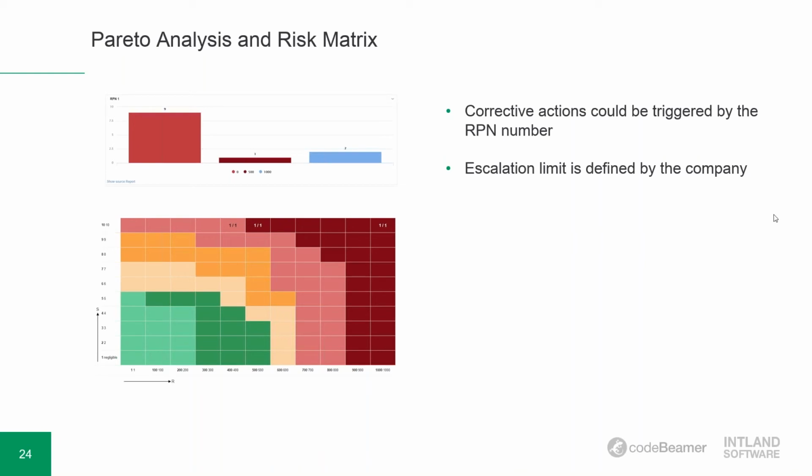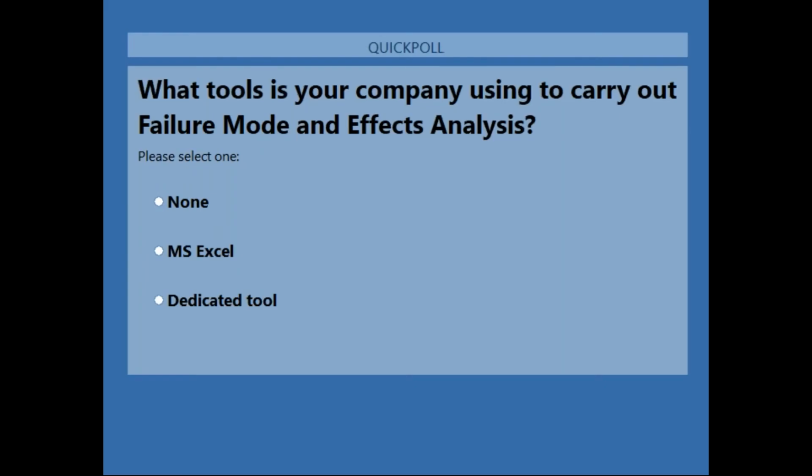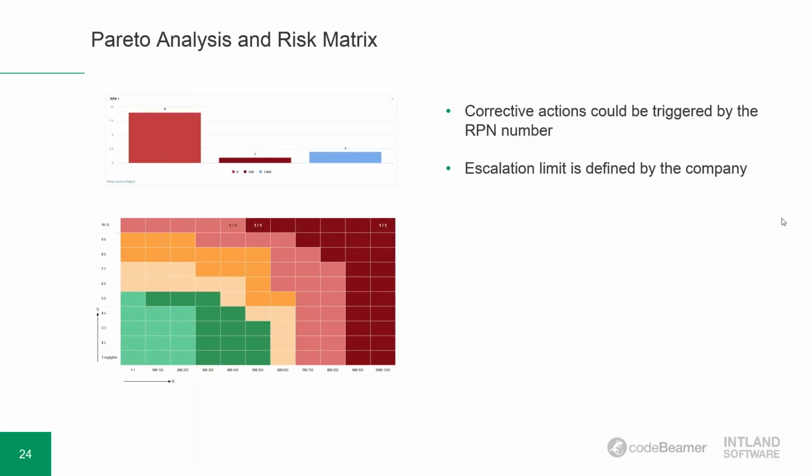You can show the most important failure modes that were not yet covered, that were partially covered, so your management can have a quick overview of the status. I will show you in the tool how you can change the triggering level based on the RPN numbers.